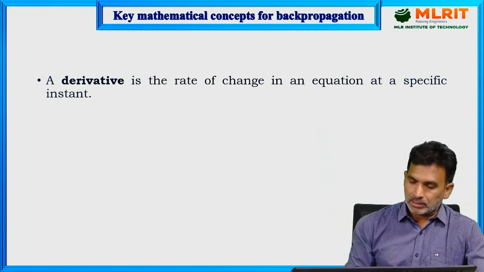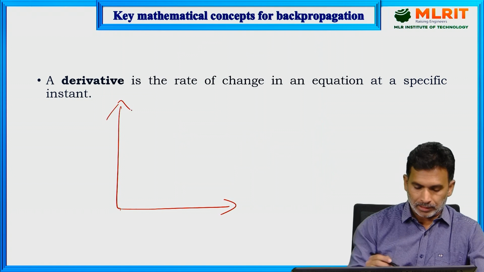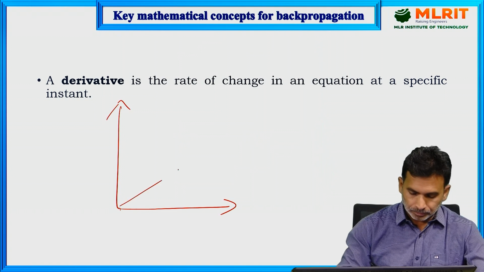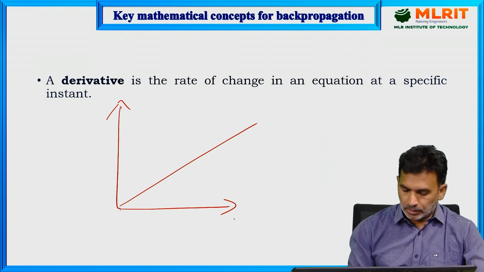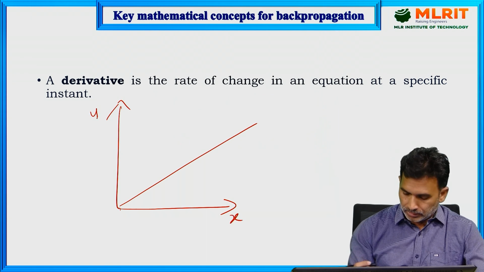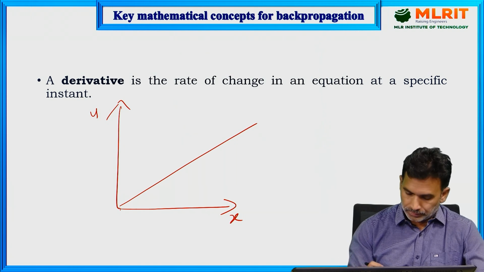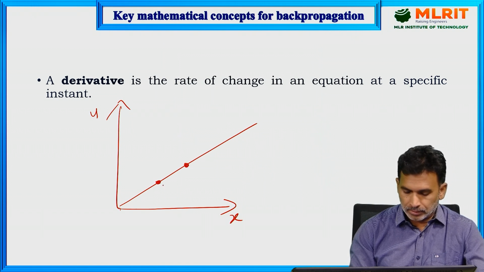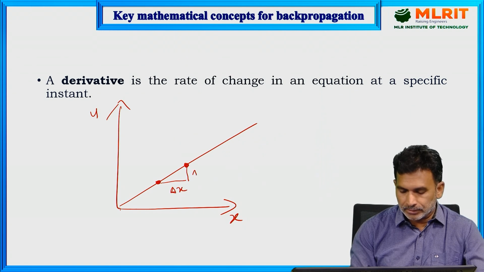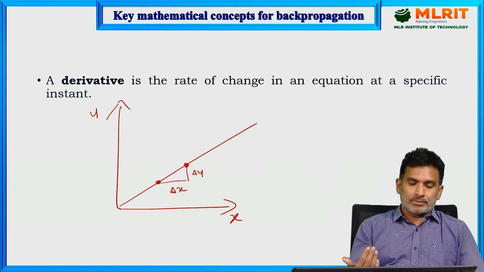To understand a little bit more, let us take, suppose, an equation, a line. If you take a straight line, and this is x and this is y, and you take any specific instant, meaning any segment of the line, like suppose these points, and this is delta x and this is delta y, that is a rate of change in x and a corresponding rate of change in y.